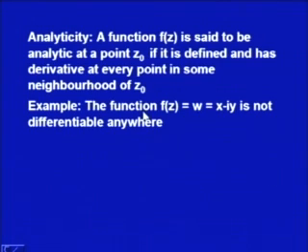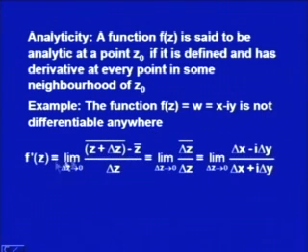Example: the function f z, which is equal to x minus i y, is not differentiable anywhere. Let us check this. f dash z is obtained as the limit of this ratio, delta f by delta z. The function f is z bar, since x minus i y is z bar.